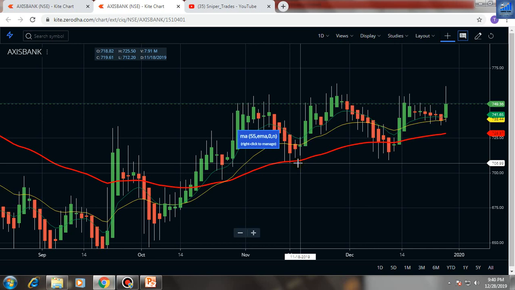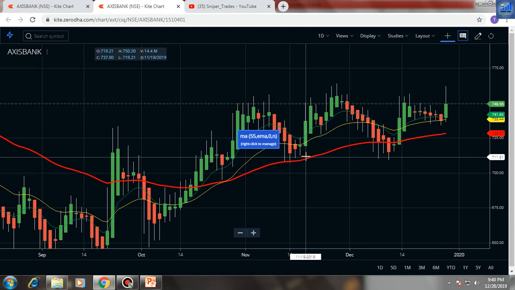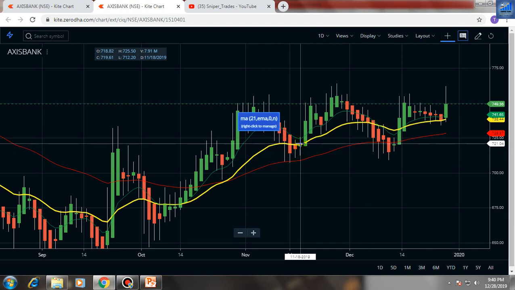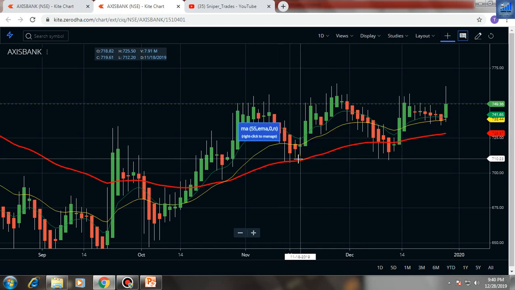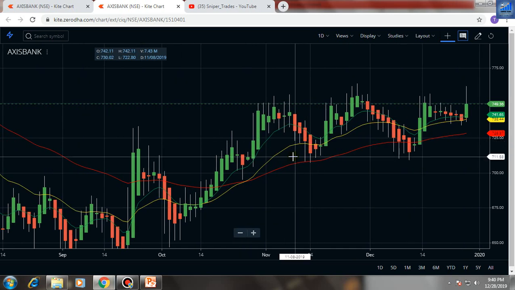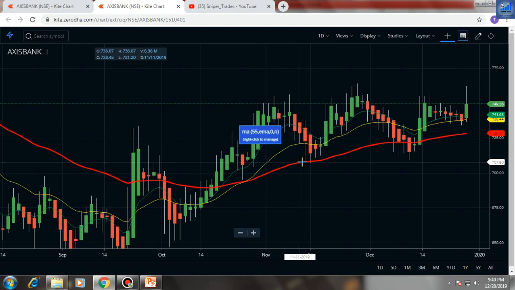So the red line, the 55 exponential moving average, is the slowest indicator here, and this yellow line is faster as compared to the red line.